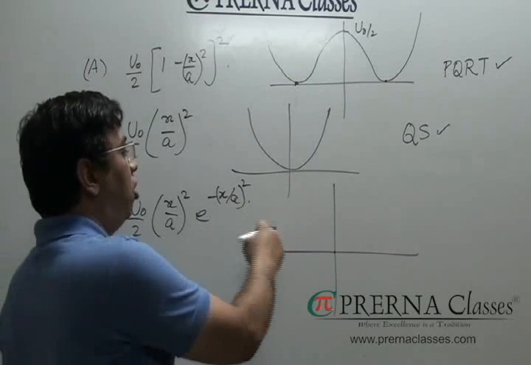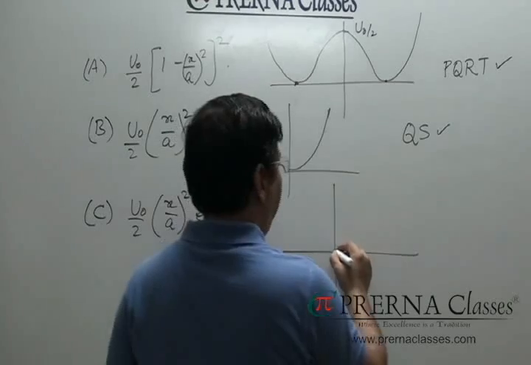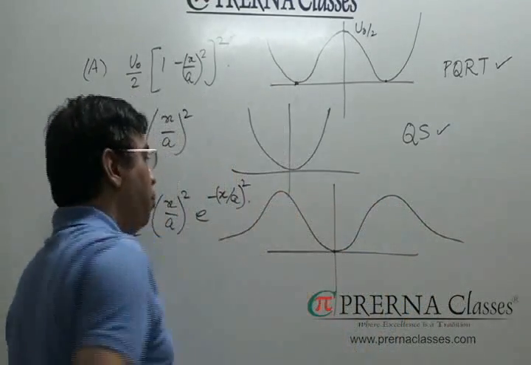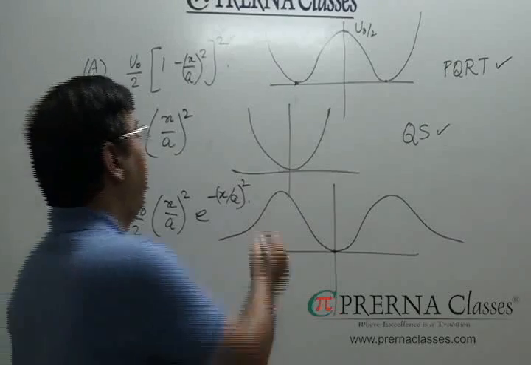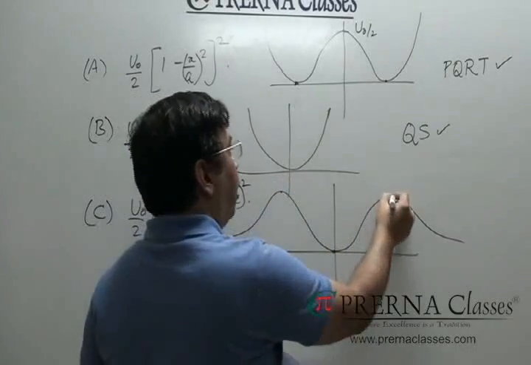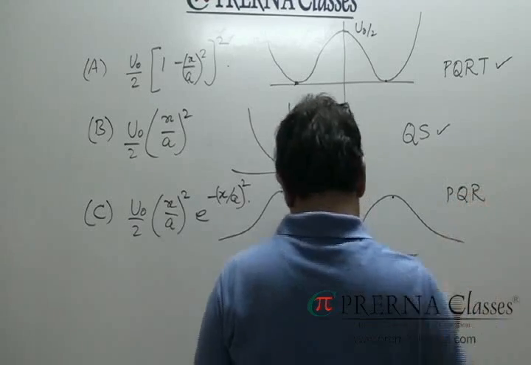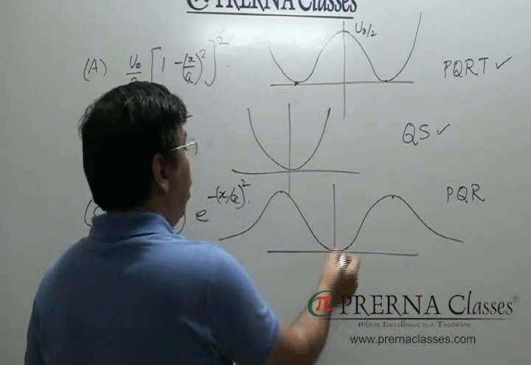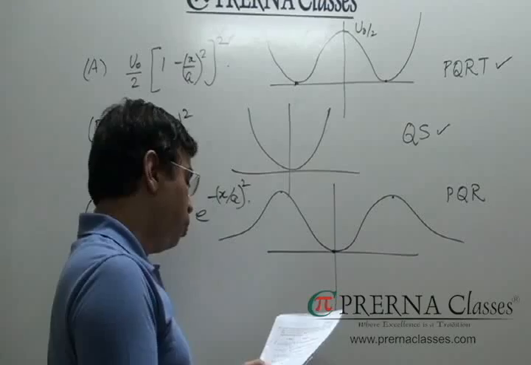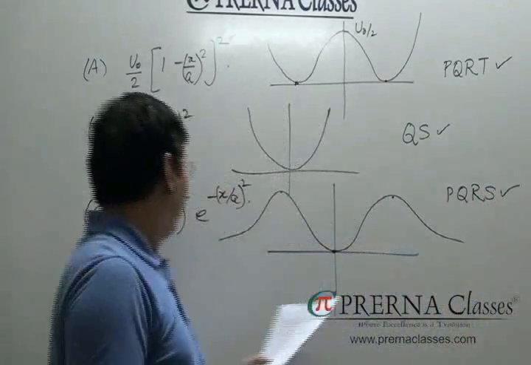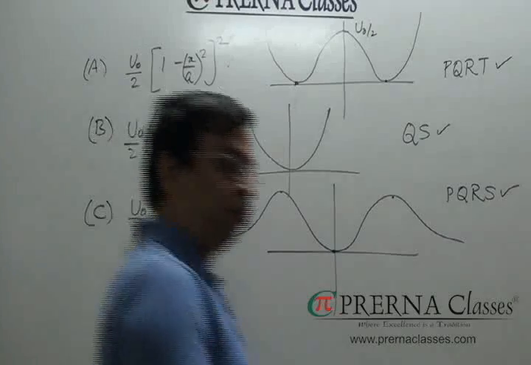Due to that exponential term that's going to later on reduce, the graph that we get is then of this type. Okay. So what we find again is that there is equilibrium at each of these 3 places, that is P, Q, R are correct. Additionally, x equal to 0 is the point of minimum potential energy, so option S is also going to be correct. That is for the third option.